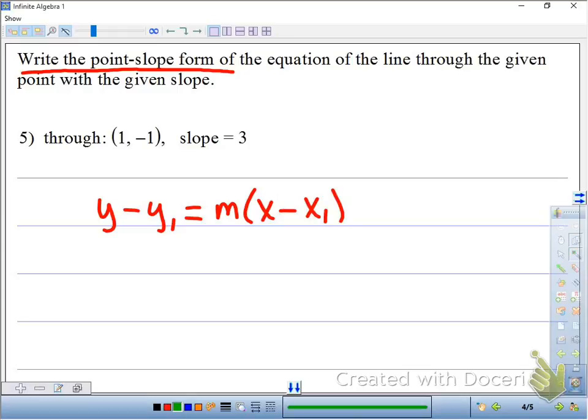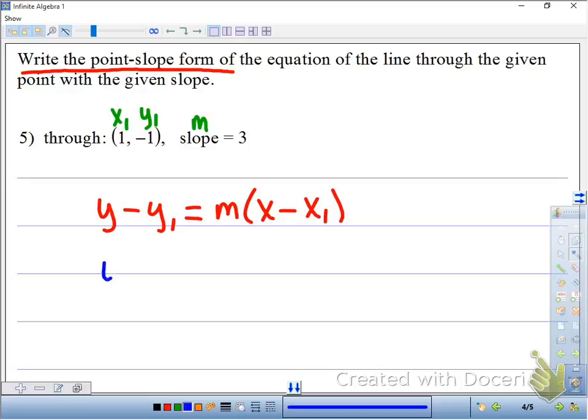In order to write something in this format, I need to have a point and I need to have a slope. Well, I do have a point. Here's my x1, y1. And this particular point is not a y-intercept in disguise. It's just a point. It's at 1, -1, and my slope, they tell me, is 3. So I have my m. All I have to do is plug it in.